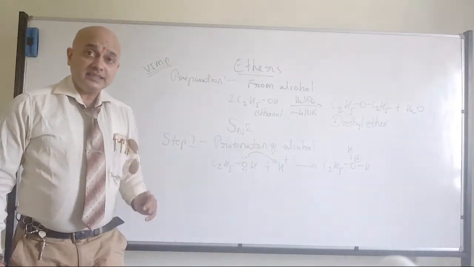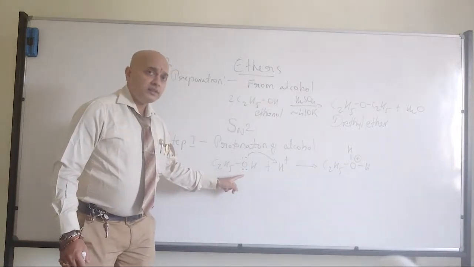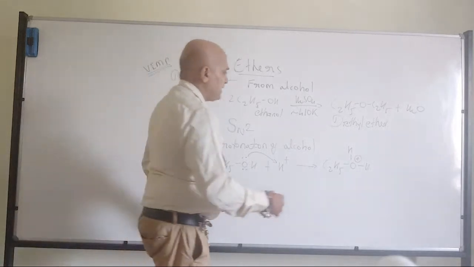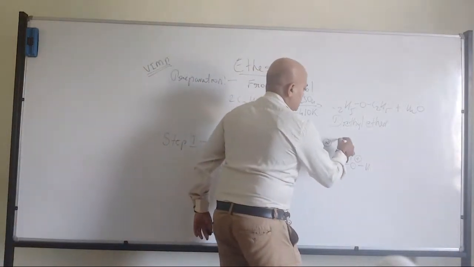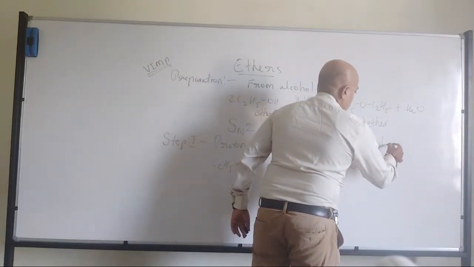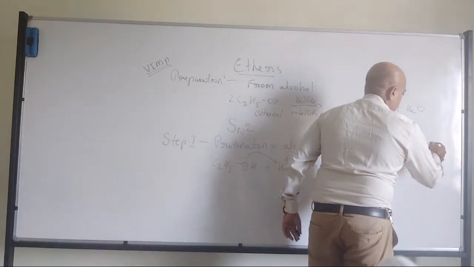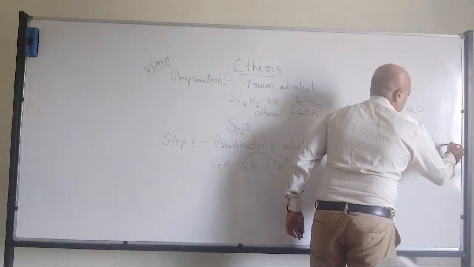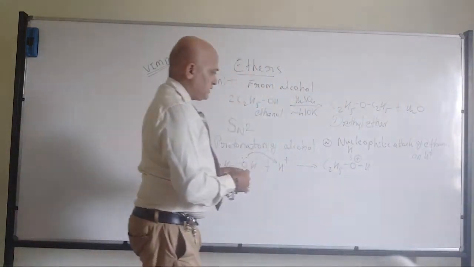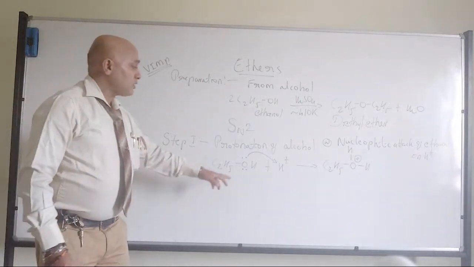Or you can tell that it is a nucleophilic attack of ethanol on the H plus. Anything is fine. Or you can mention that first step as nucleophilic attack of ethanol on H plus or proton.